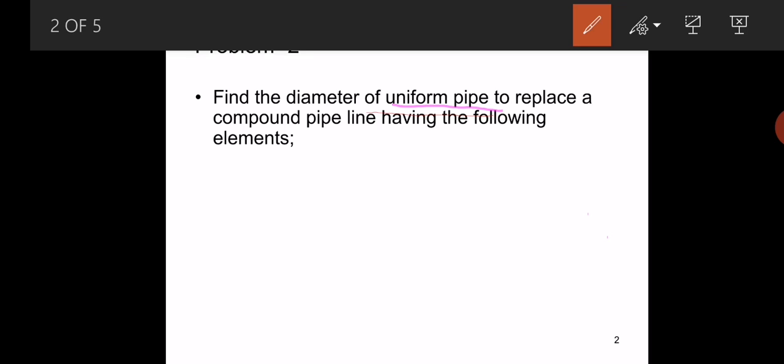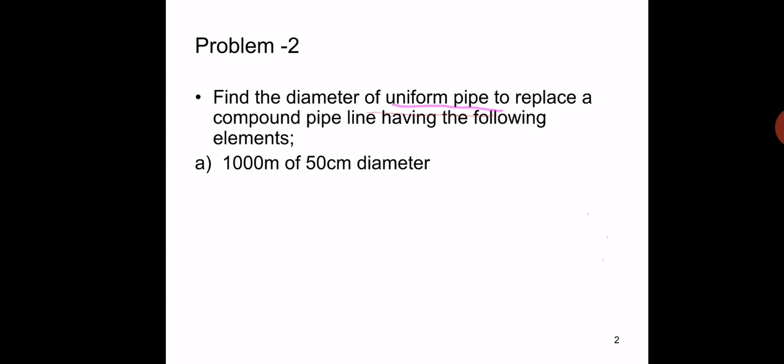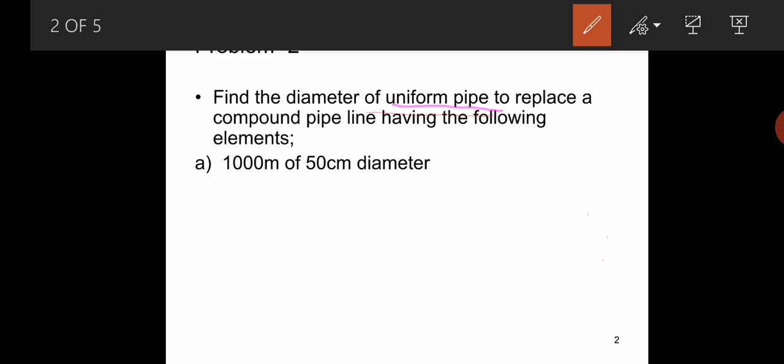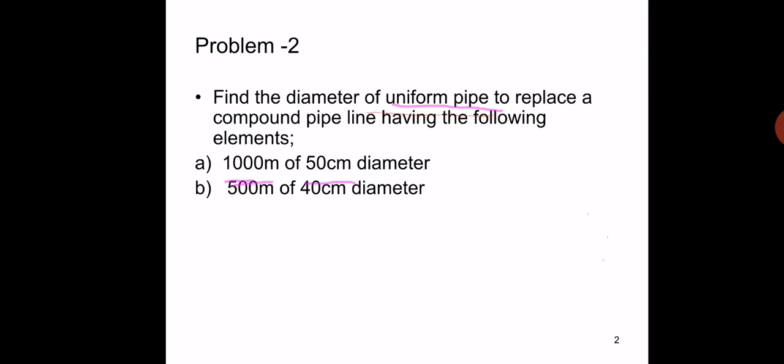So here he has given 1000 meters of 50 centimeters diameter. In the problem, let us consider pipe 1 is 1000 meters long and has a 50 centimeters diameter, compound pipe 2 is 500 meters and 40 centimeters diameter, and pipe 3 is 250 meters in length and 30 centimeters in diameter.